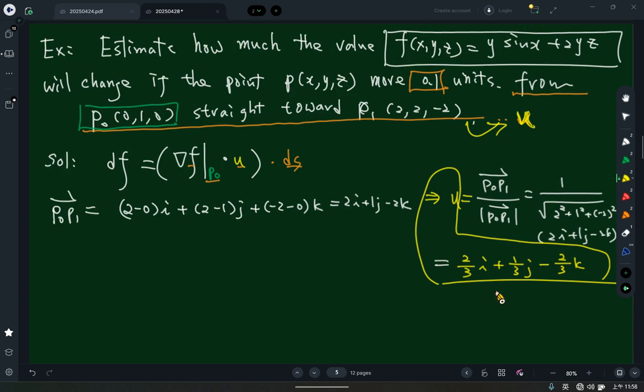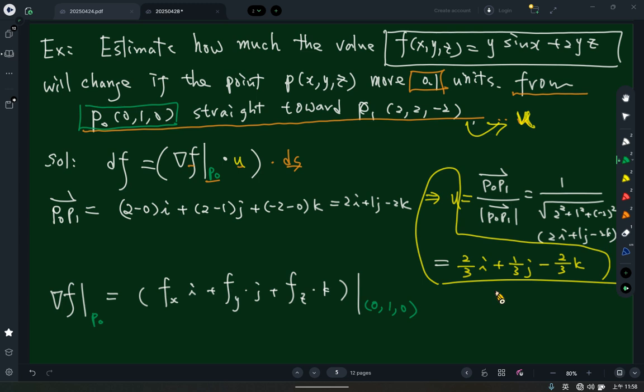So this is our unit vector. Then the second step we need to calculate is the gradient vector at P0. So in this case, we need to calculate partial f partial x i plus partial f partial y j plus partial f partial z k at (0, 1, 0).